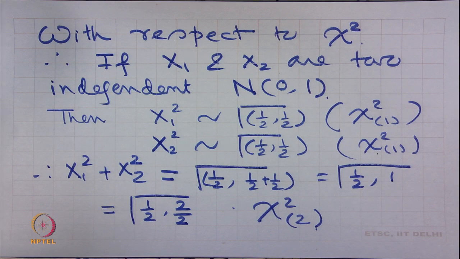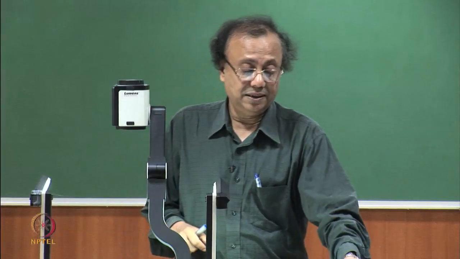Why 2 degrees of freedom? Because we have used 2 independent normal 0 1. Can we therefore generalize from there? We can.